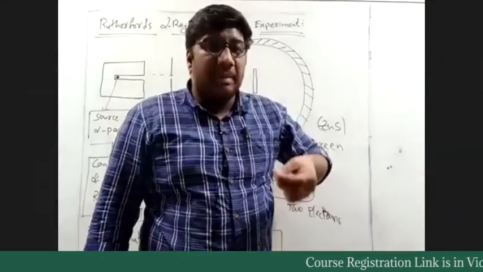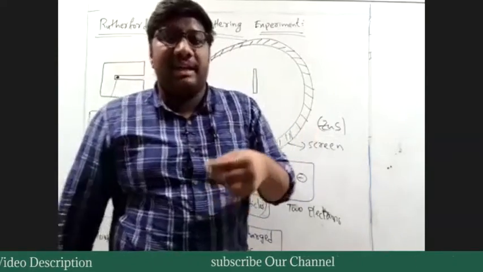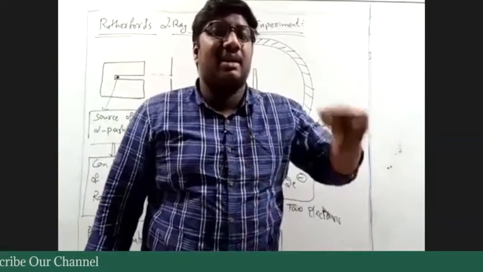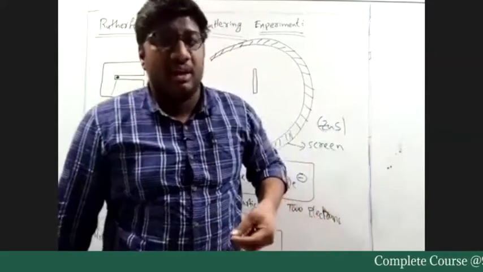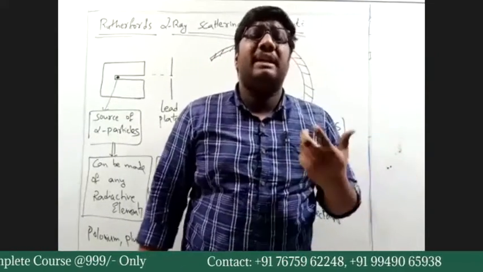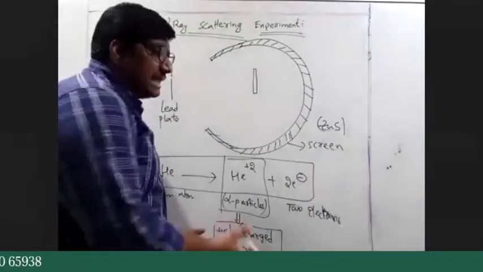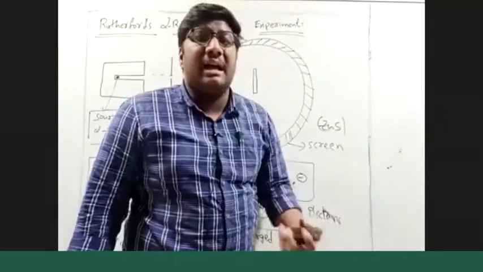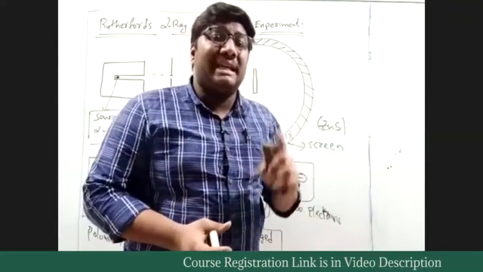It may move in different directions. Yes or no? Like if I have a particle at origin, it can move along the x-axis, along the y-axis, along the z-axis, or along any line, along the xy line, or y equals minus x line, any line. It can move in many directions. So from the source we are generating alpha particles. The formed alpha particles do not have a specific direction of velocity.